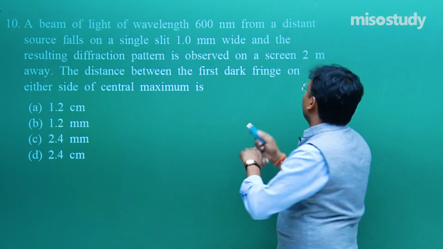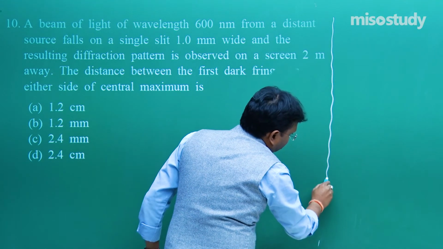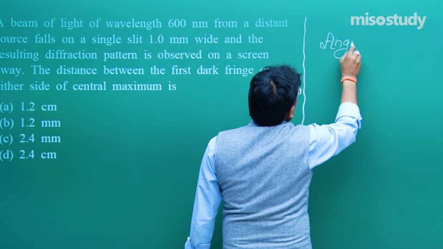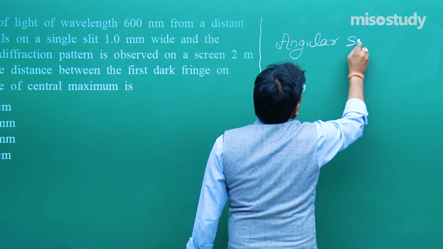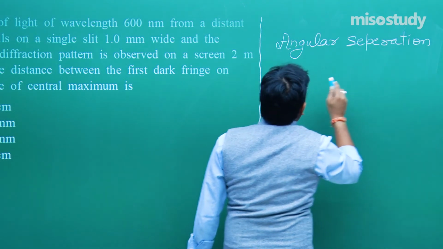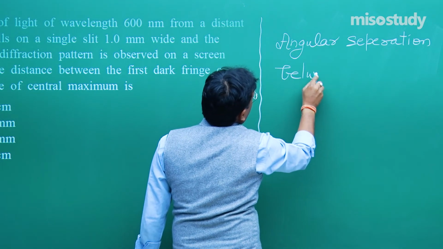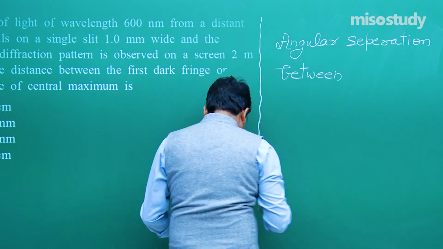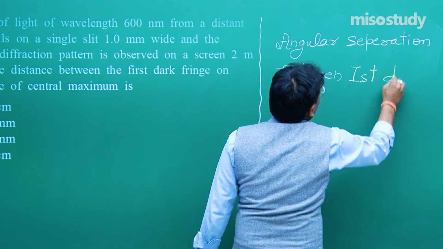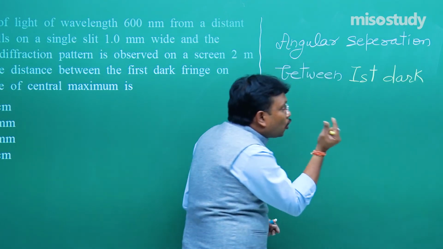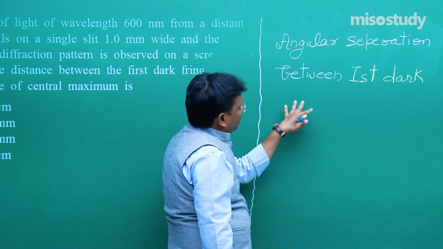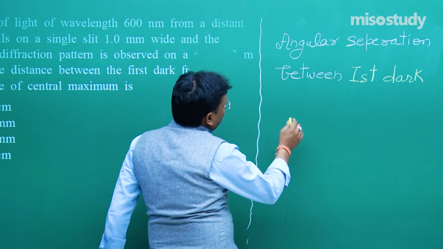So, please do the practice. Angular separation between the first dark fringe on either side of the maxima, some crucial points I am mentioning with different colors.